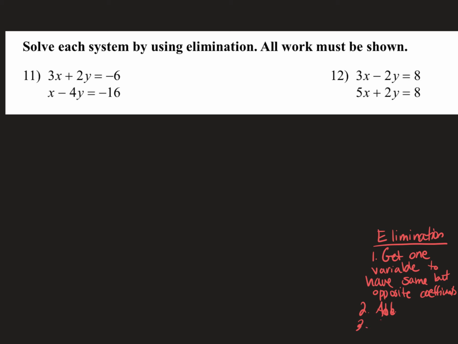And then step 2 you add, and step 3 you solve, and step 4 you substitute. So if you'll write that down, those are your steps you're going to use.